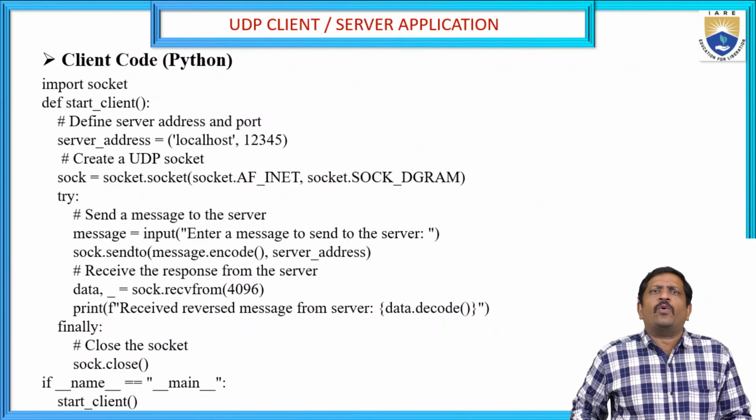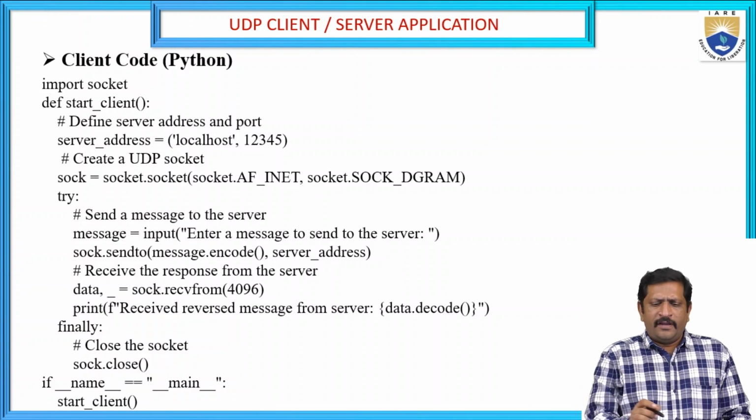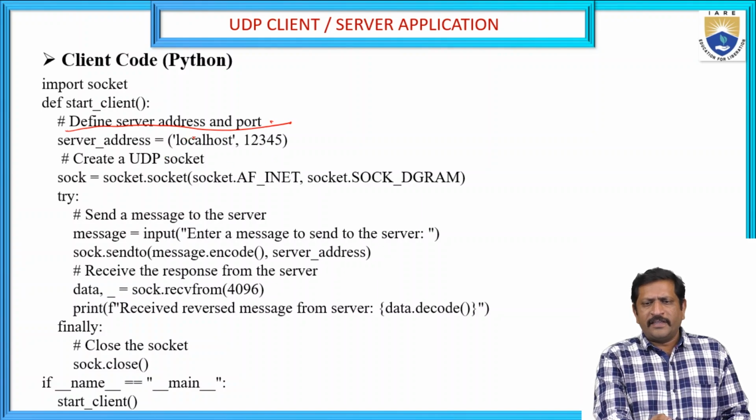Now the client side code. On the client side, we also define the server address and the port number. Here on the client side we write the localhost IP address and the port number 12345, which is assigned to the server address at the client side.